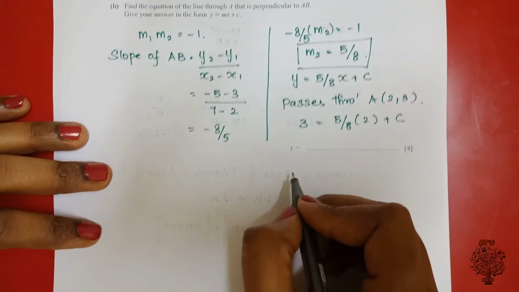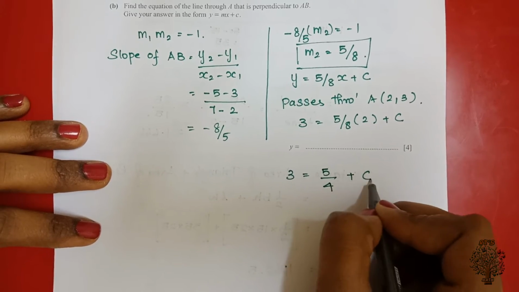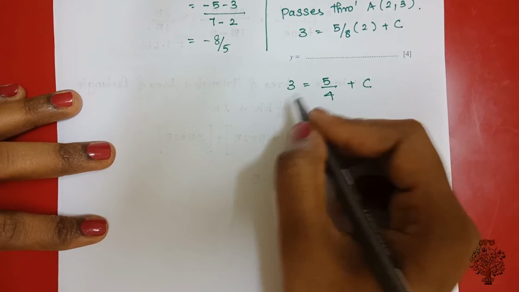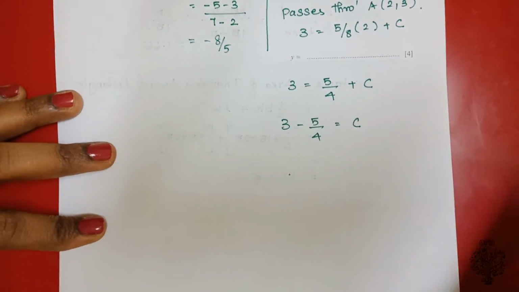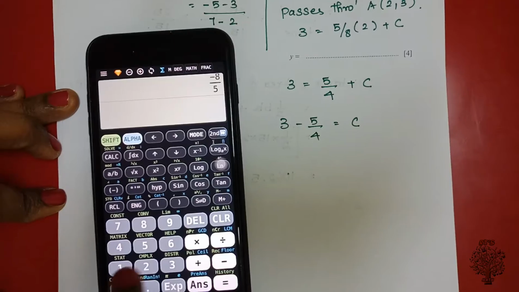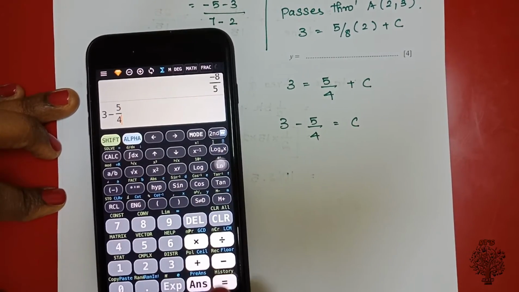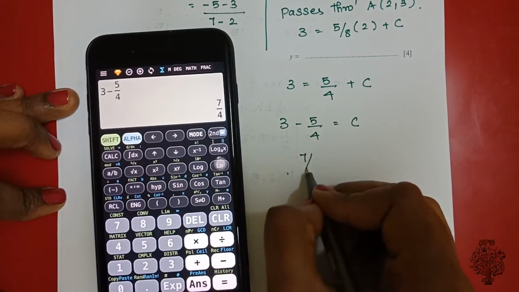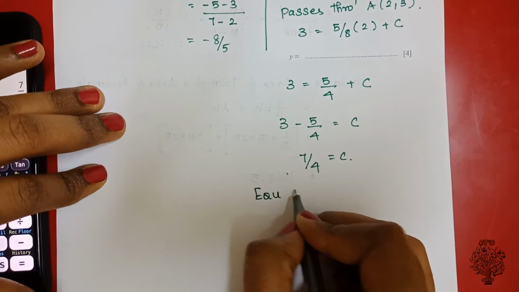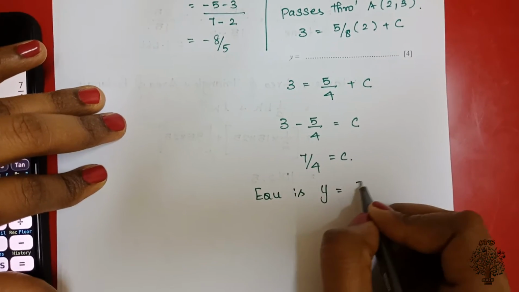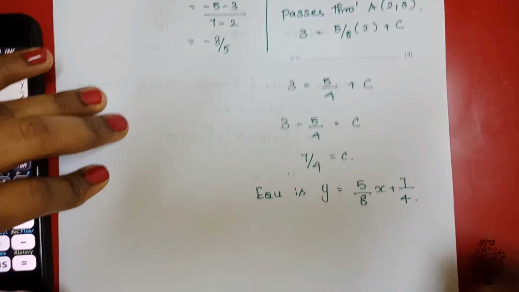We can find c from this. 3 is equal to 5 divided by 4 plus c. Now take this fraction to the other side. 3 minus 5 by 4 is equal to c. I'm taking my calculator here. 3 minus 5 divided by 4 gives 7 by 4. So c is equal to 7 by 4. The required equation is y is equal to 5 divided by 8 x plus 7 divided by 4.